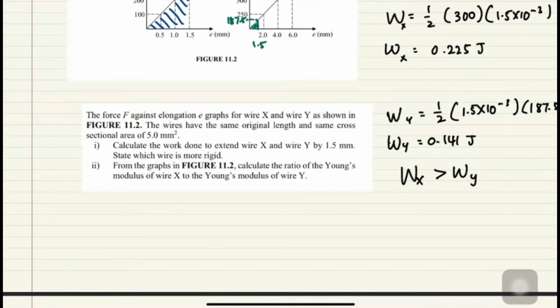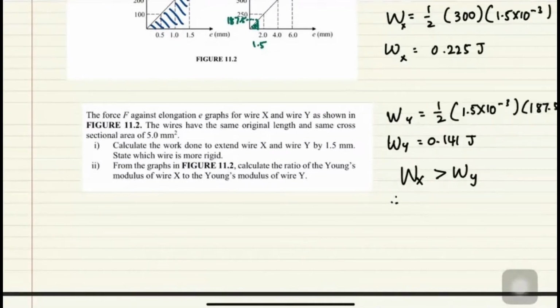So kamu tarik 2 spring kan, satu tu kamu nak tarik pakai energi yang sama, dia meregang sikit. Satu tu kamu apply energi yang sama. Sorry, yang ni dia nak compare sama panjang kan. So maksudnya kamu nak tarik sama panjang, Wx tu required more energy compared to Wy. So Wx tu keras lah.